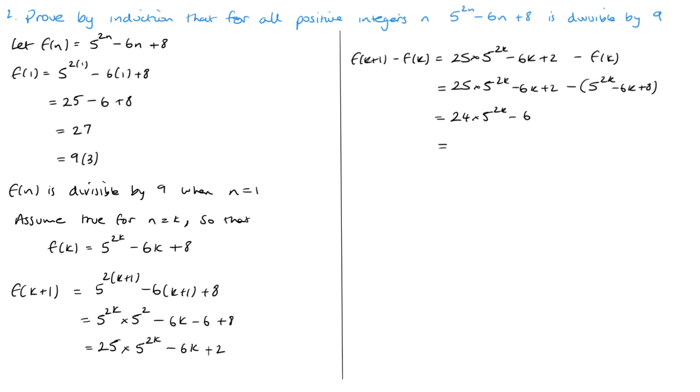So let's see where we can go from here. Now guys, when we get to this point, it's not as straightforward. So for example, I could take 6 out of the 5 to the 2k and of the 6, and that'll leave me with 18, 5 to the 2k.